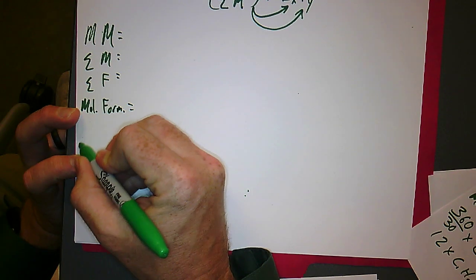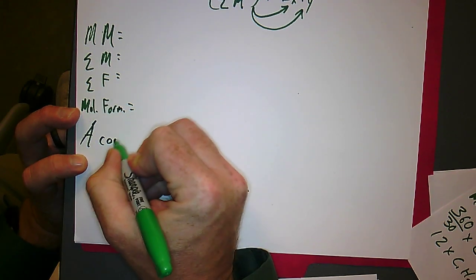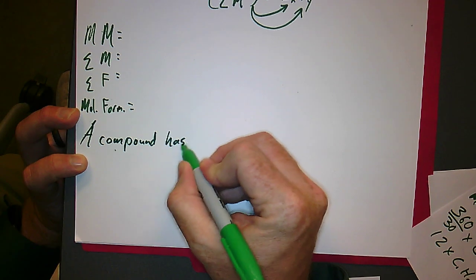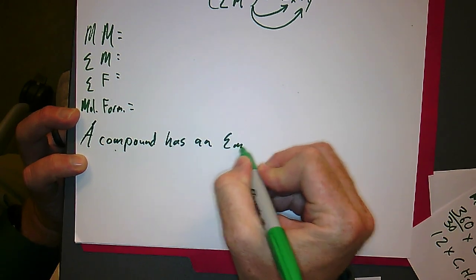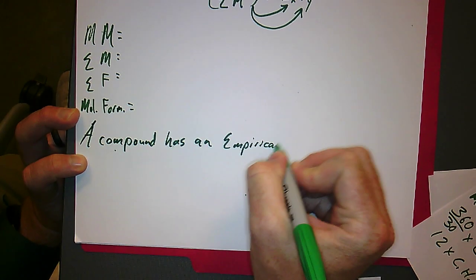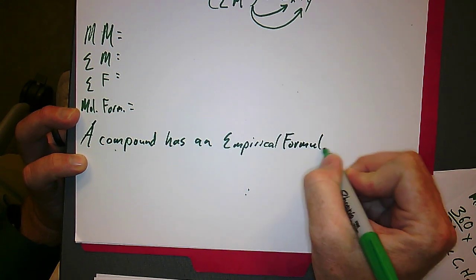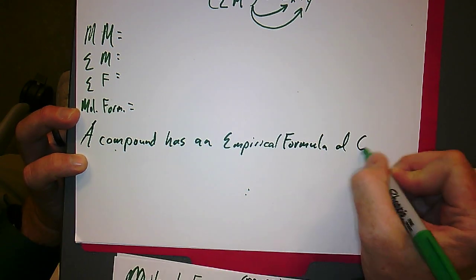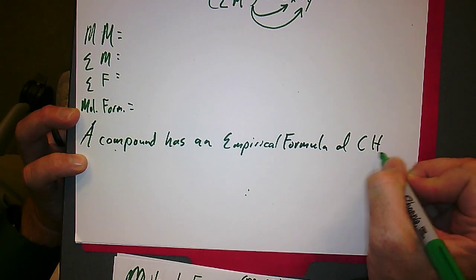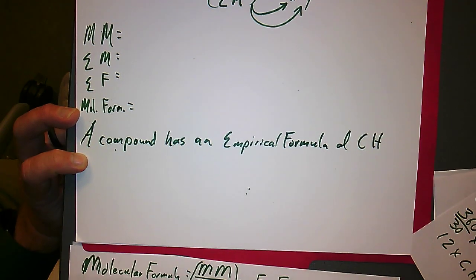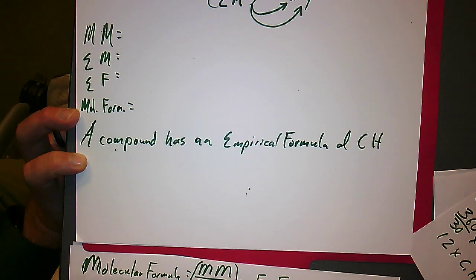All right? So, a compound has an empirical formula of CH, which would be C1H1, all right? But we don't normally show the ones. We are going to, and I'm going to show you why here in a minute.